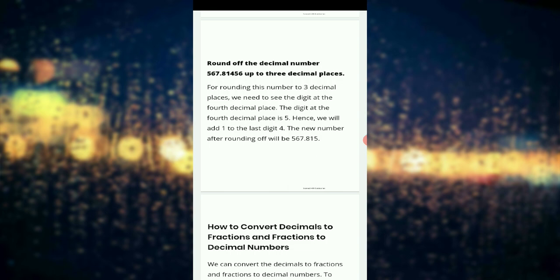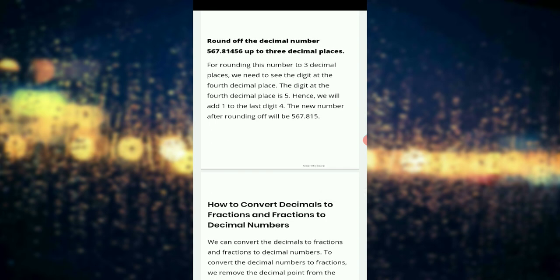Hence, we will add 1 to the last digit, 4. The new number after rounding off will be 567.815. Why is it 5? Because the digit after it in the question is 6, which is greater than 5. That is why we add 1.